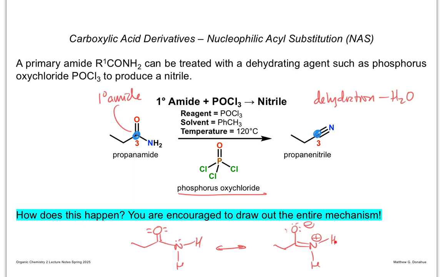You can see here, the resonance form already has one double bond. You've got to get another one in there. You have H, H, and O you've got to get rid of.